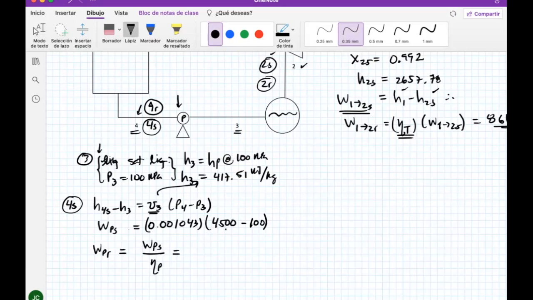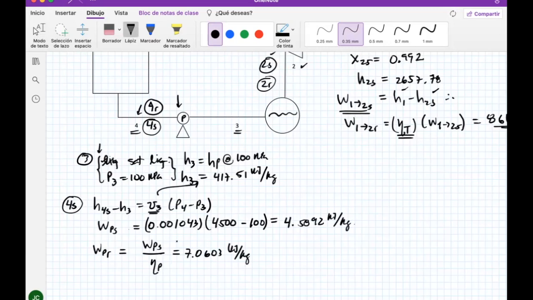If you do that, this guy is going to be 7.0603 kilojoules per kilogram. And meanwhile, if you want to know this number, this one is going to be 4.5892 kilojoules per kilogram. Okay, got it.